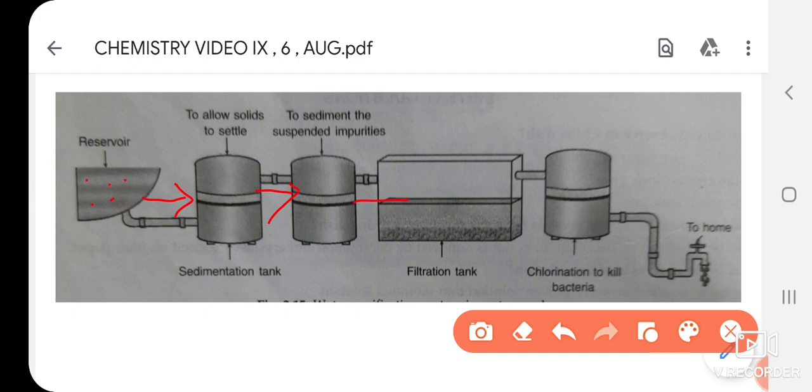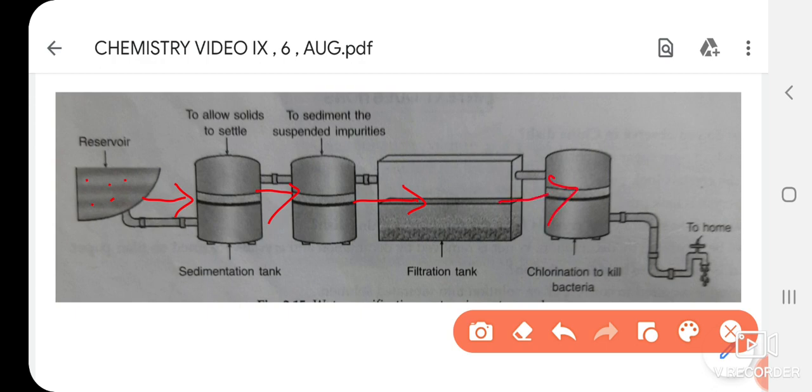Now next, the filtration tank. In the filtration tank, the water is getting filtered. That water is passing through different layers of stones: fine stones, then coarse stones, and big size stones. Through this filtration tank, water is passing to the chlorination tank.